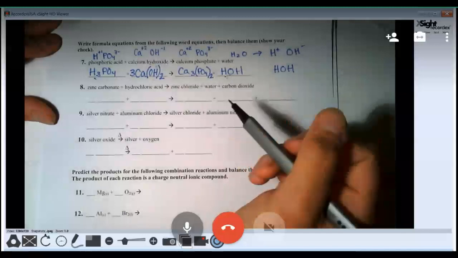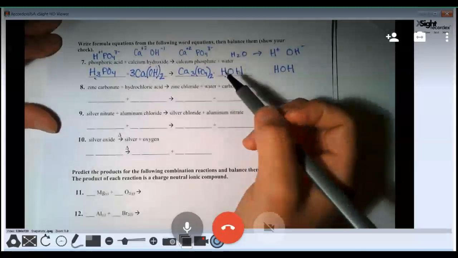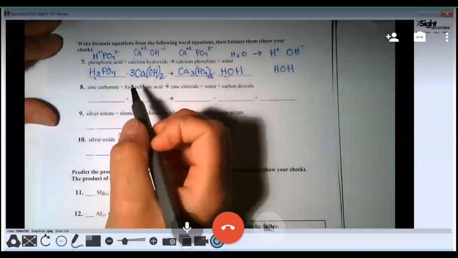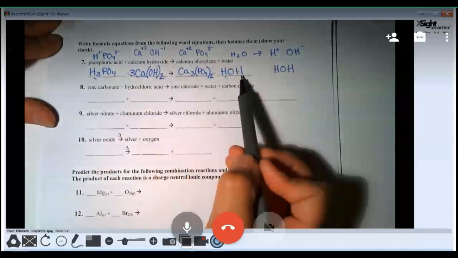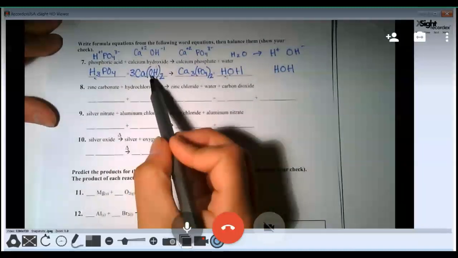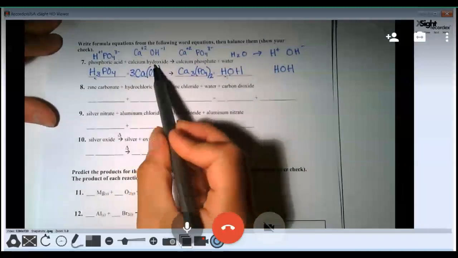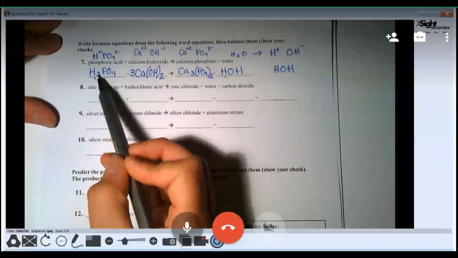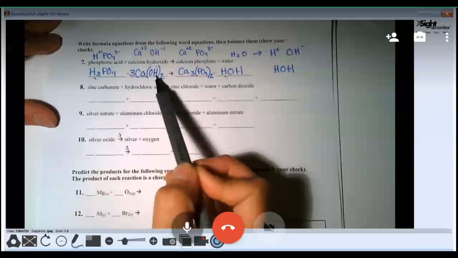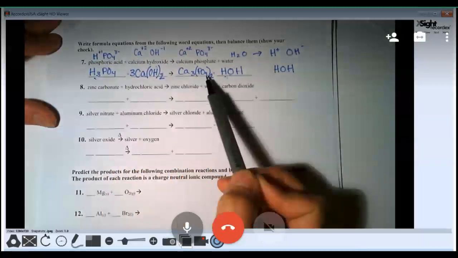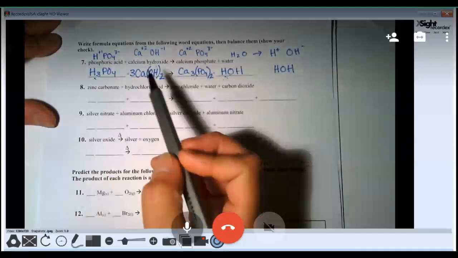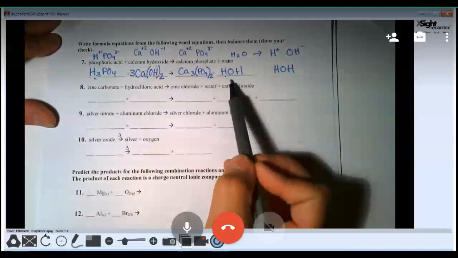Okay, so you're actually right. The oxygen is out of balance. But when we're balancing equations, it's usually easier to think of our polyatomic ions as one thing. So the oxygen here is part of the hydroxide ion, and the oxygen here is part of the phosphate ion. So instead of balancing and trying to add up all of the oxygens, we can look at the number of phosphates on each side and the number of hydroxides on each side.